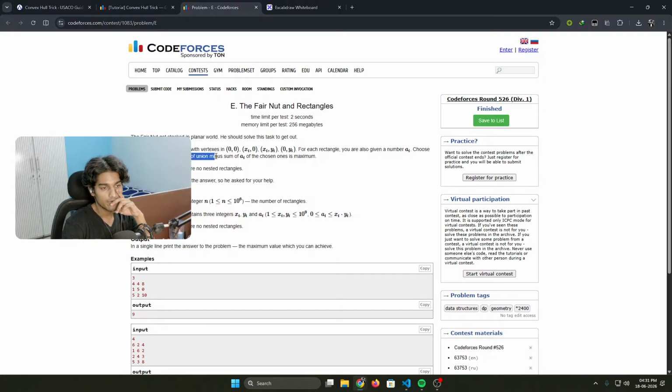Such that the area of union minus sum of, so we need to reduce this, so it's not like straightforward.